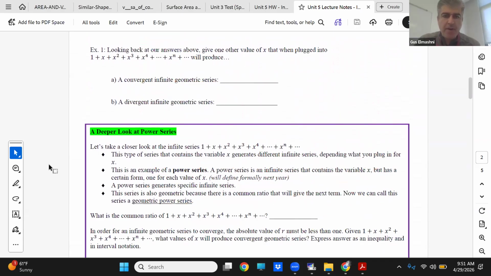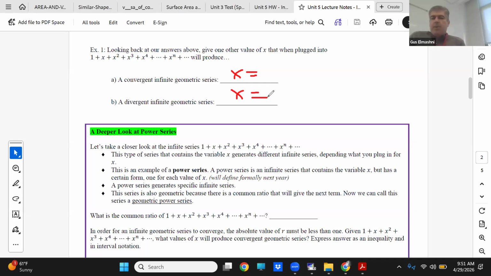Looking back at our answers above, give one other value of x that when plugged into this will produce a convergent infinite geometric series or a divergent infinite geometric series. This is open-ended, so many answers could work.